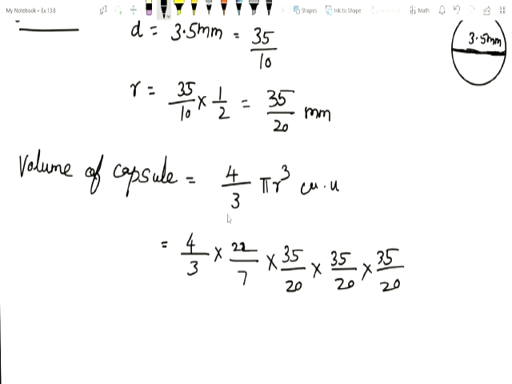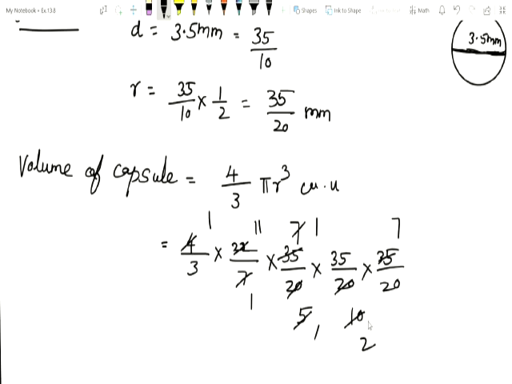Now cancel this. 4 ones are 4, 4 5s are 20, 5 ones are 5, 5 7s are 35, 7 ones are 7, 7 ones are 7. Next, 11 2s are 22, 10 2s are 20, 5 2s are 10, 5 7s are 35.